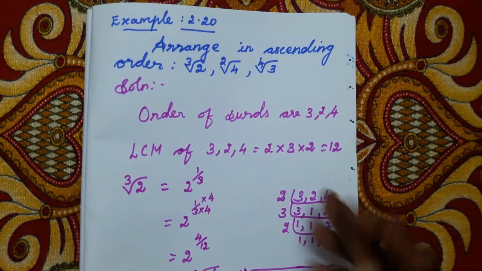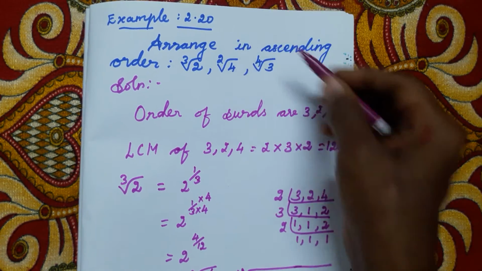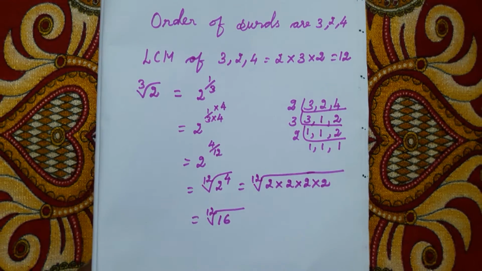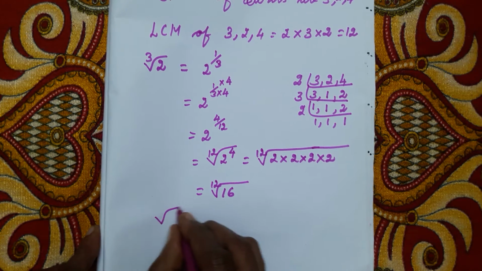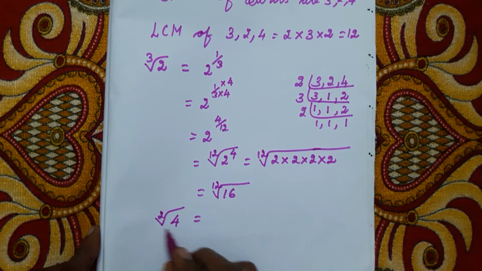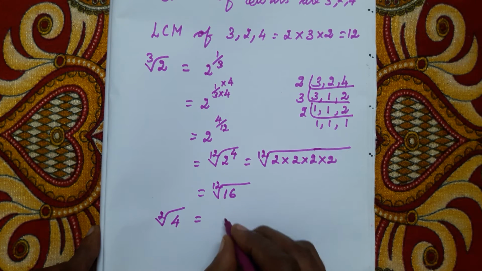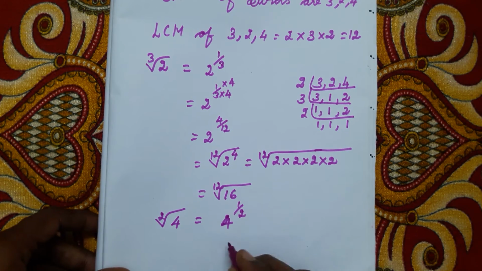Now we take the second number, square root of 4. Write this in fractional form: 4 power 1 by 2.